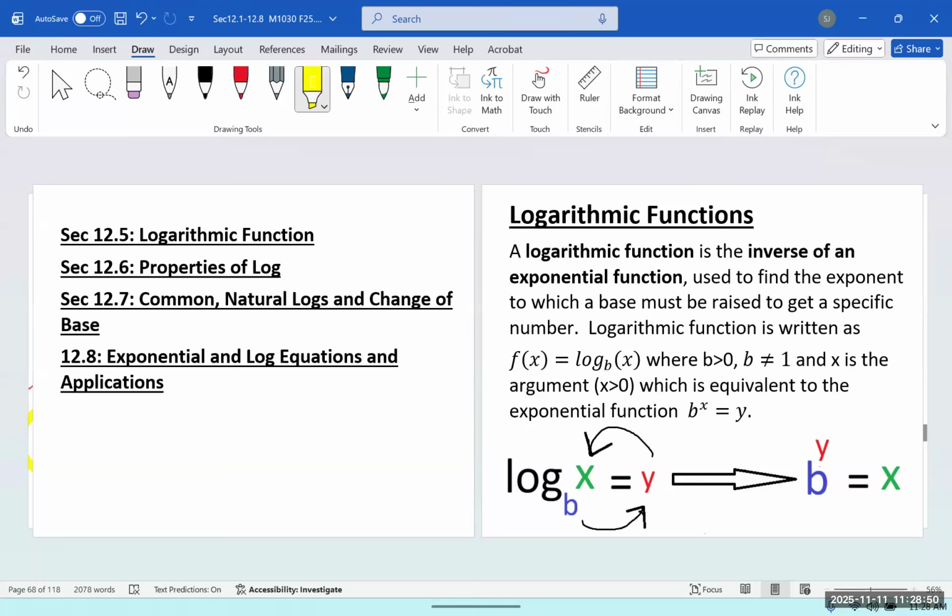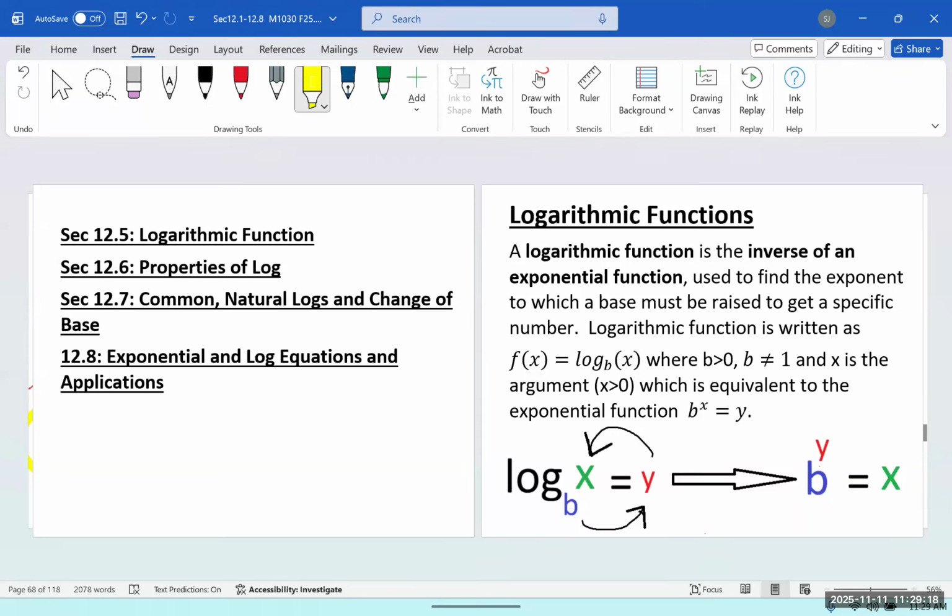Now the log function is equivalent to the exponential function if you change the format. Log is written as log base b of x equals y, meaning this log gives us some number. But this can be rewritten in exponential format. How?